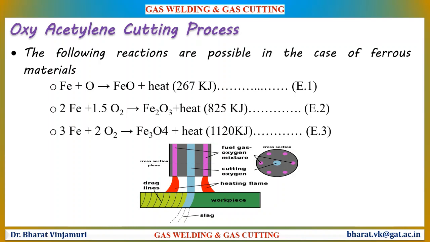Thus, the gas cutting process offers many advantages over the mechanical cutting methods. This process can cut any desired length and shape. The process can cut metals of thickness ranging from 0.5 mm to 250 mm.